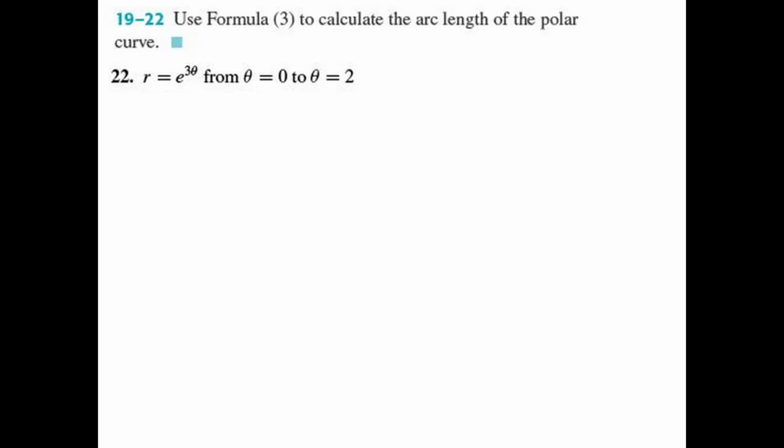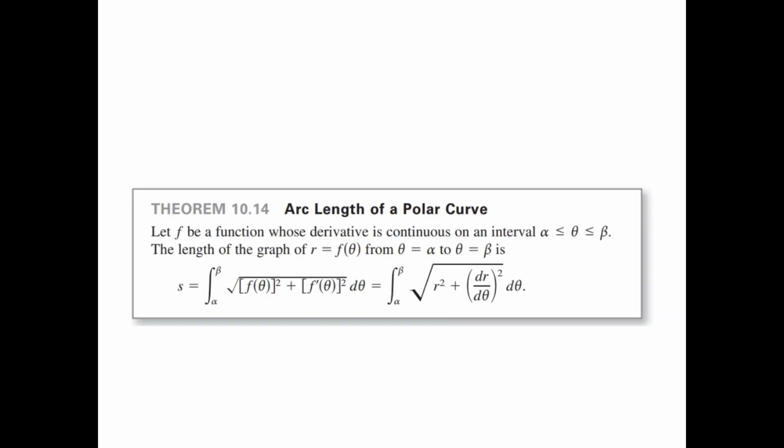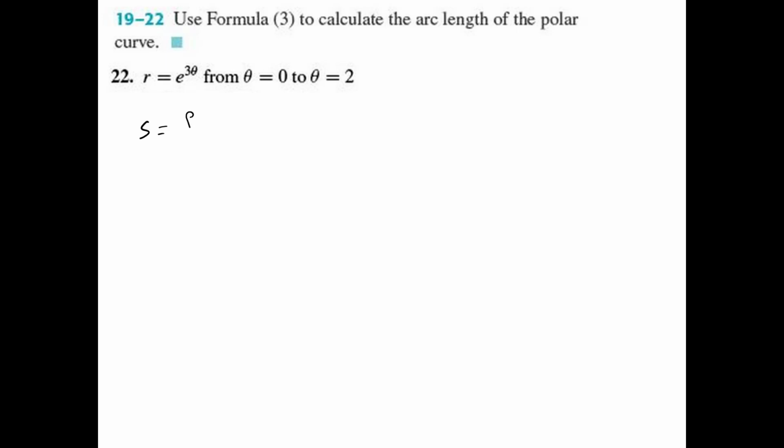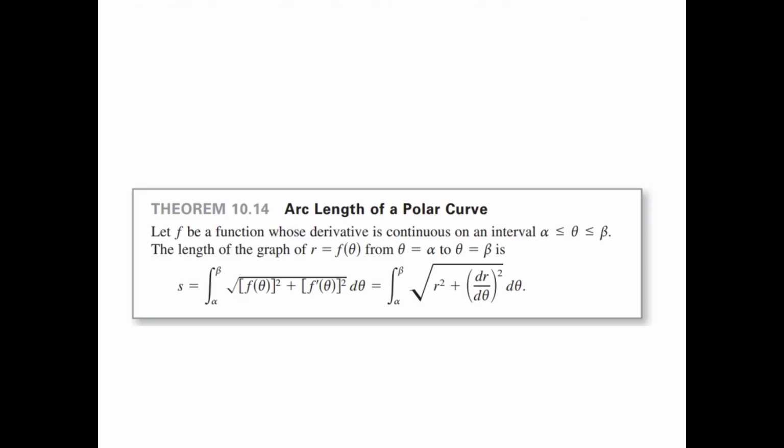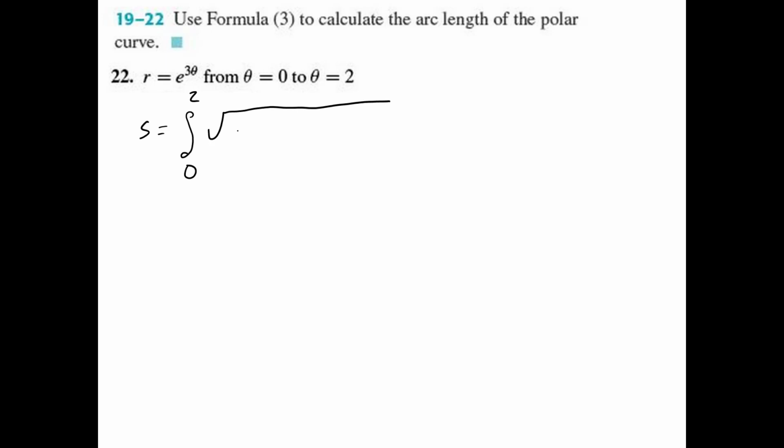S is equal to, S is for arc length, the definite integral from alpha 0 to beta 2 of the square root of f of theta squared, so e to the 3 theta squared, plus f prime of theta squared.